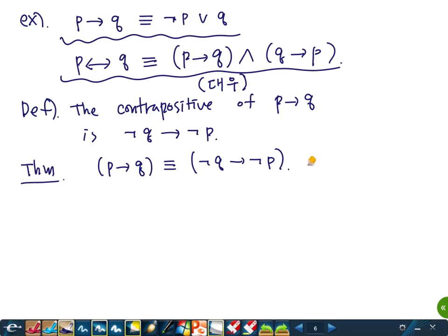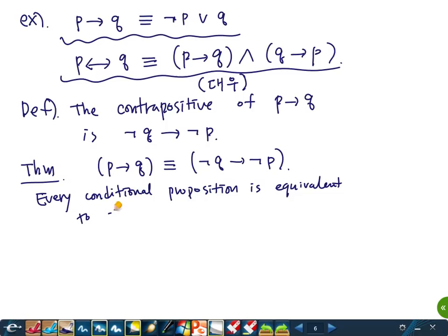Proof by truth table. Yeah, just make the truth table. So in words, this says every conditional proposition is equivalent to its contrapositive.